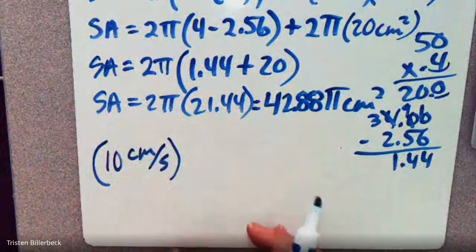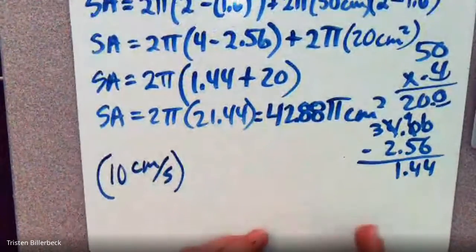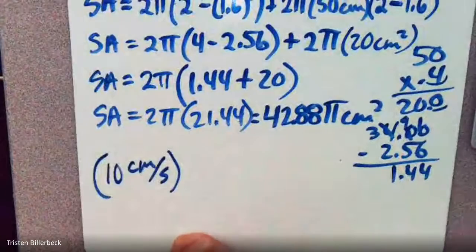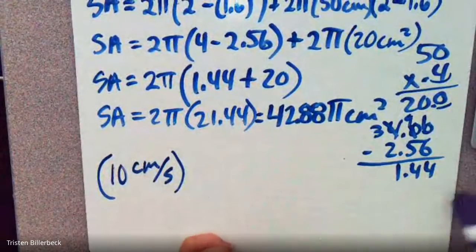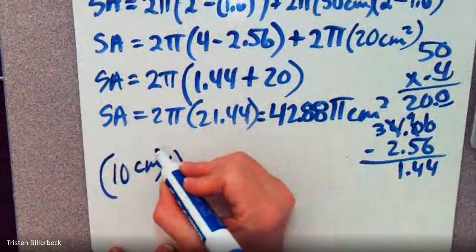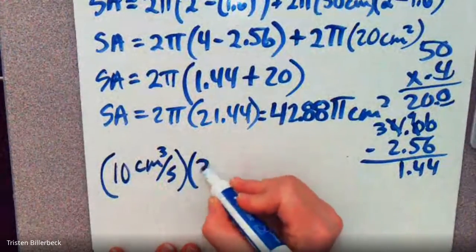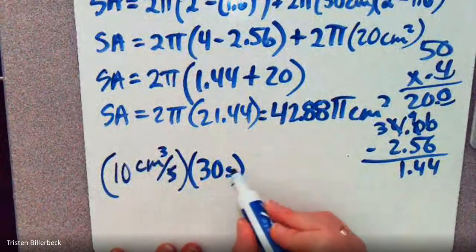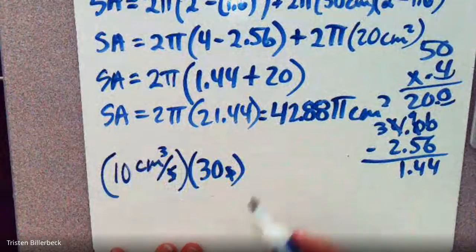I think I'm missing something on that. I think that's 10 centimeters cubed per second, because that would be a volume flow. So if we have 10 centimeters cubed per second and we multiply by 30 seconds, the seconds cancel and we end up with a volume unit.